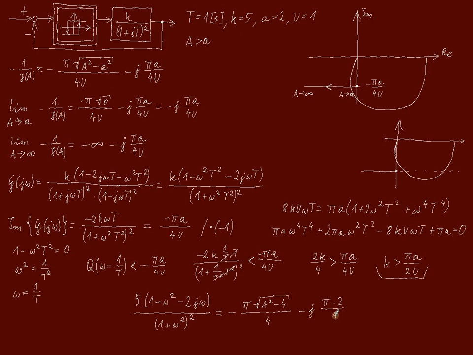We have two unknowns, amplitude A and omega. We start by equating both imaginary parts to have one equation with one unknown.